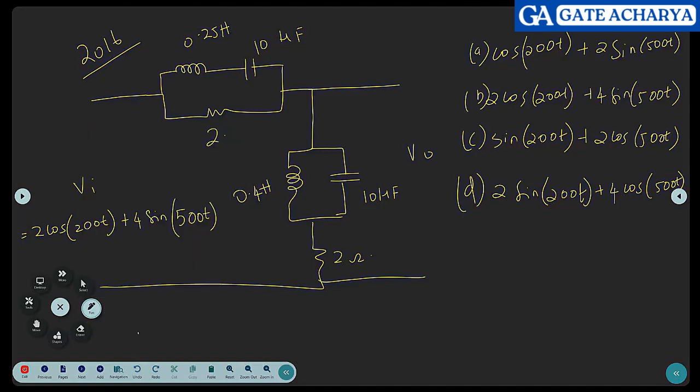For omega equal to 200, XL is 50J and XC is minus 500J. Minus 500 or 50, sir. Be careful.